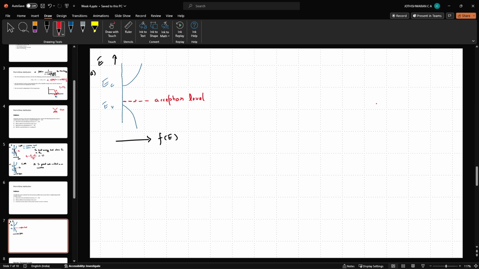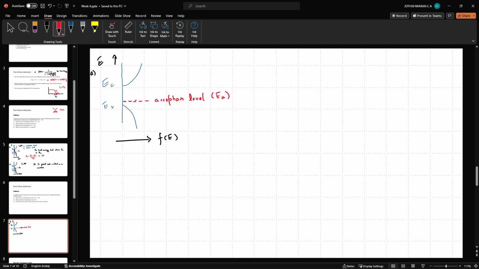It only has 3 electrons in its outermost shell. So one of the electrons from silicon will move over to the gallium orbitals. That is denoted by this acceptor level, which implies an electron that goes from here need not go all the way to EC. It can rather go to the acceptor level, which I shall call EA.